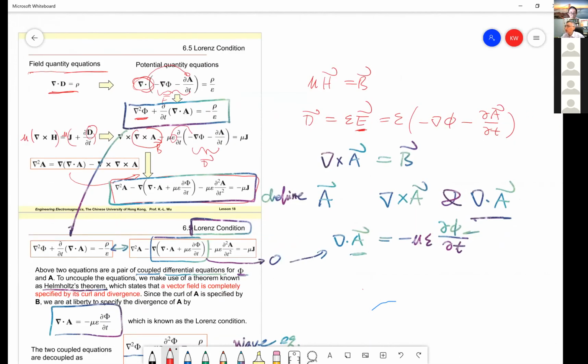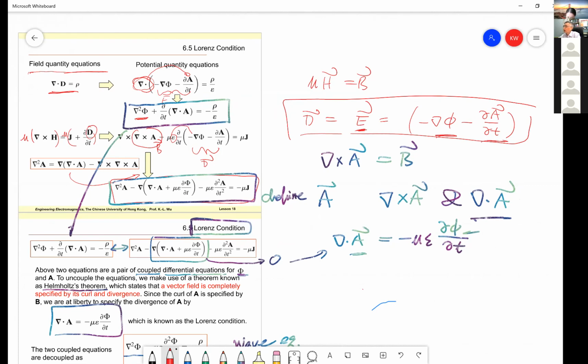Because the electrical field we can find by this, right? So we can find the potential. You see, because we already found A, okay.